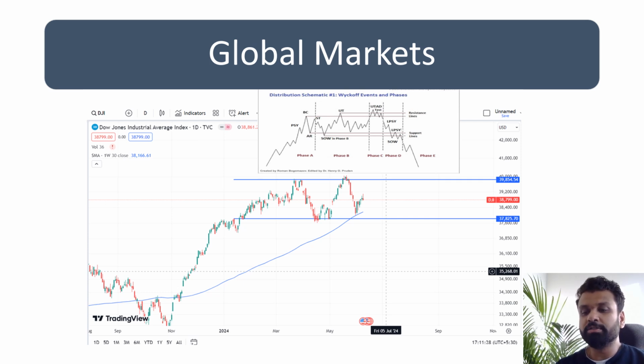What I feel is, I have put a small image of the Wyckoff distribution pattern. As of now, the Dow Jones is exactly following what the Wyckoff distribution picture shows.